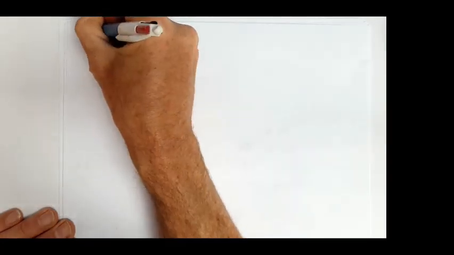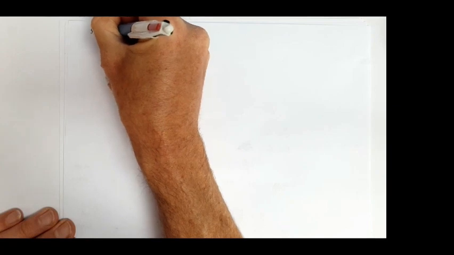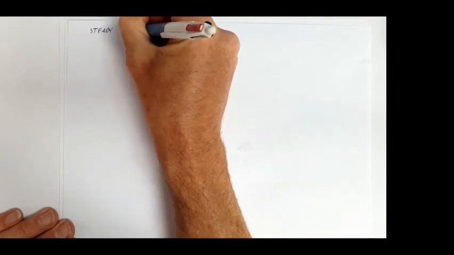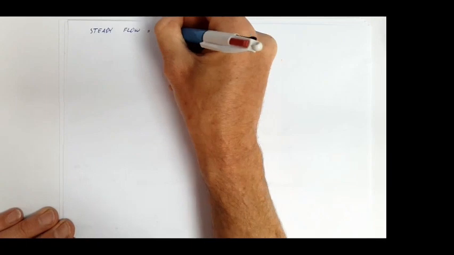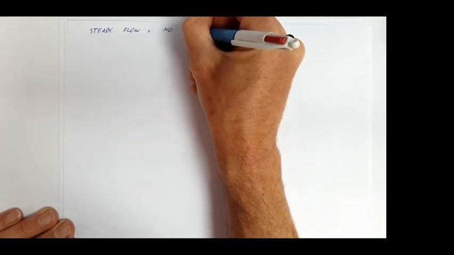We also need to think about fluid flow and how that changes with respect to time, and that gives us a couple of definitions. Steady flow is going to have no variation with respect to time.